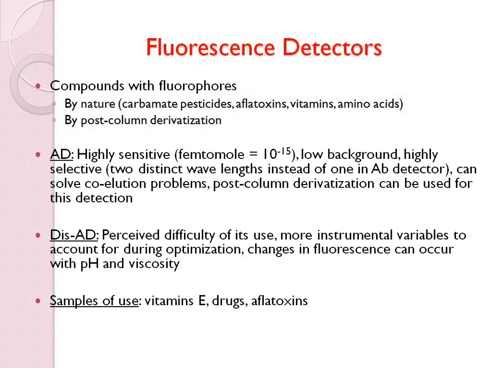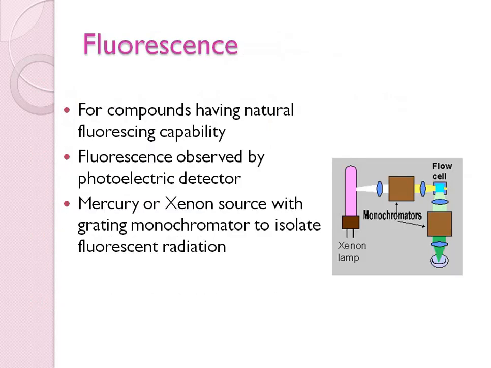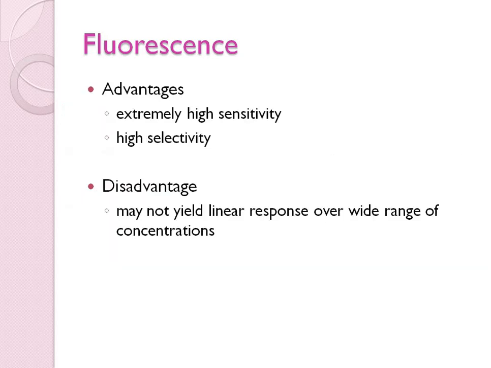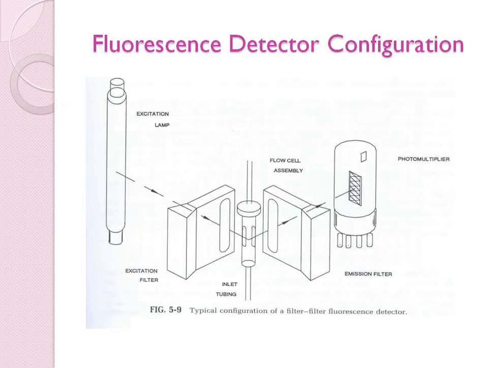So these are the disadvantages. Now what types of compounds can we analyze? Vitamins, drugs, aflatoxins, some natural products or clinical samples, and petroleum samples also we can analyze. So these are the advantages we are seeing.